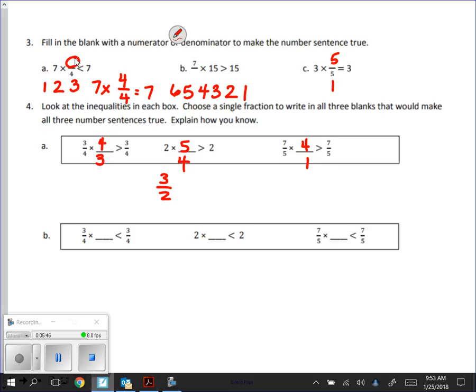3/4 times something is less than 3/4. What would you put in here? We need to make it less than. So what rule would we need to follow here? What do we need to follow here, Daniel? Make it less than. Make it less than 1. So what could you put here, Alora?